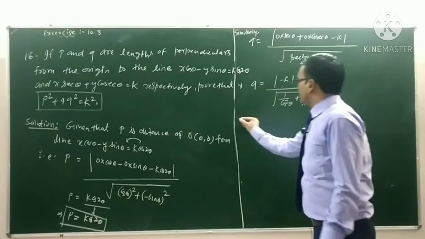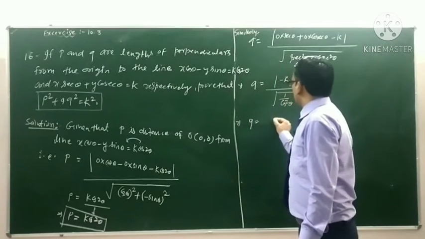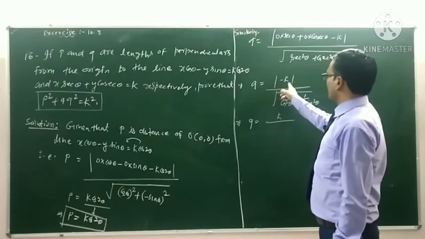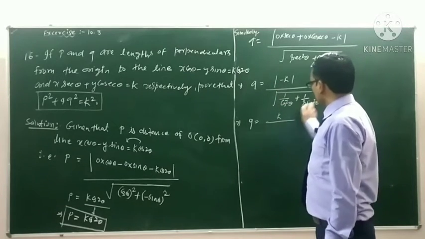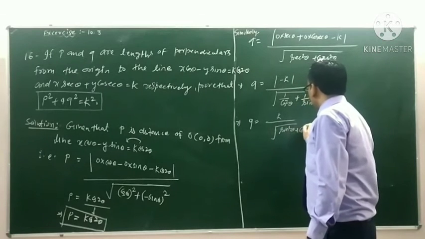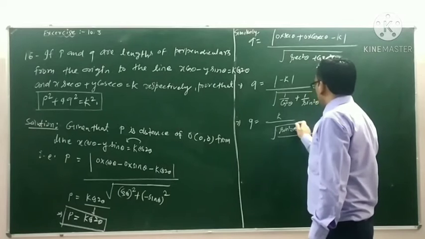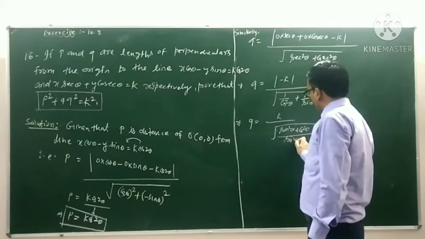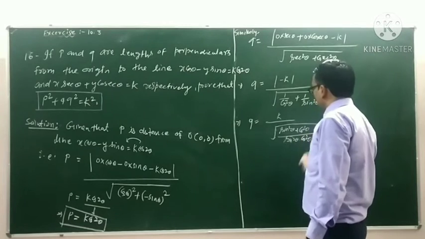Okay students, this implies that q equal to k upon mod of minus k equal to k square root sin square theta plus cos square theta upon sin square theta into cos square theta.